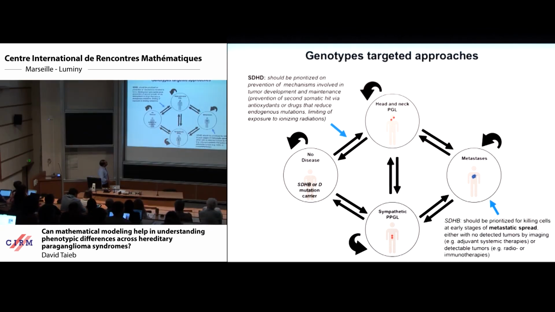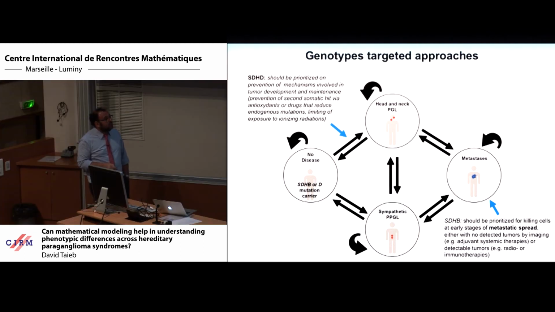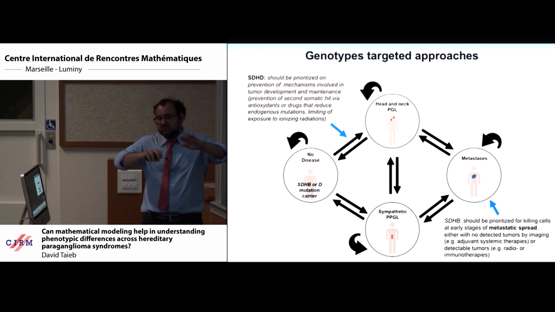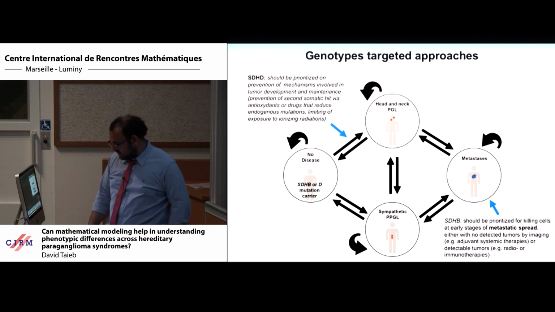But for B, tumorigenesis is a less frequent event, but the patient will probably have small cells that can survive in host tissue. So maybe we should focus our approach on killing cells at an early stage of metastatic spread, either with no tumor detected by imaging, with, for example, adjuvant systemic therapies, or in patients with a detectable tumor, with radio or immunotherapy. So there could be different approaches for these patients.